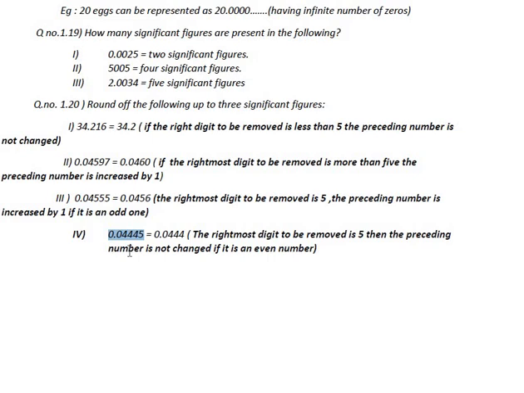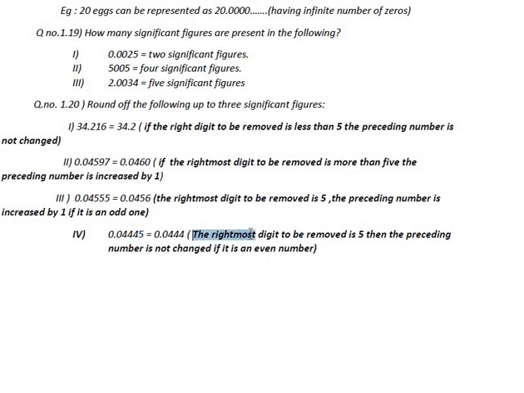0.04445. Now we have to round this number to 3 significant figures, and the 3 significant figures would be 4, 4, 4, and the digit to be removed is 5. This is the rightmost digit to be removed, and let us see the rule.